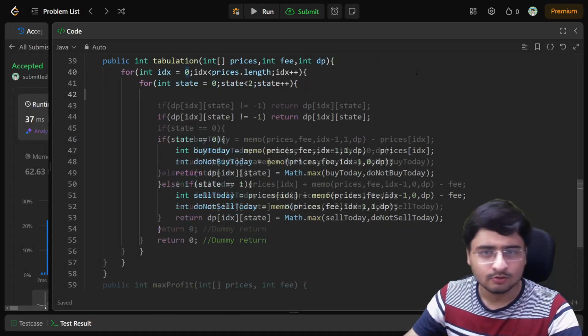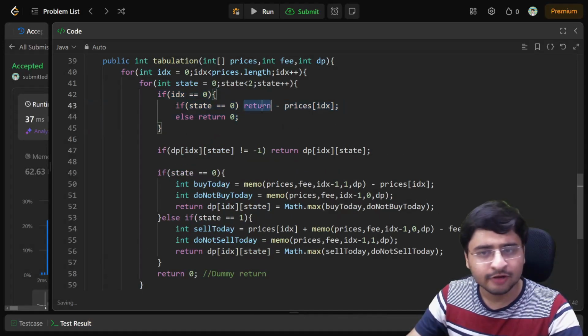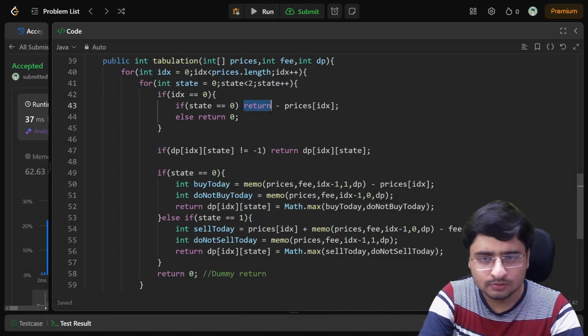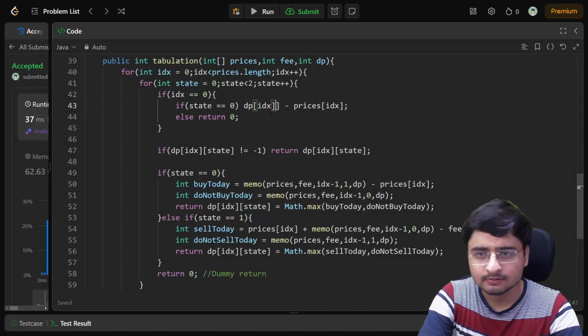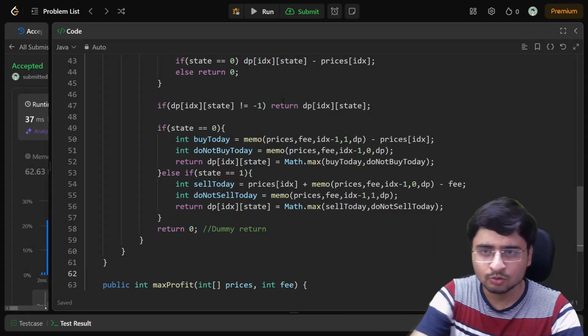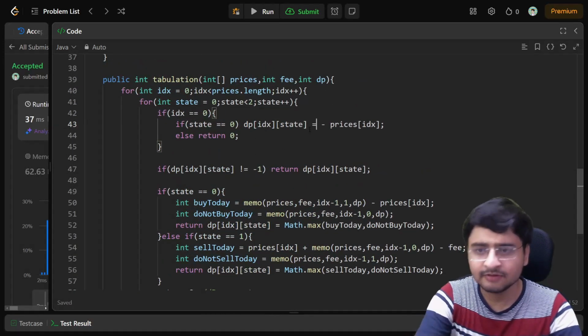So the normal strategy is wherever return statements are written, you just have to set the value dp[idx][state] equal to this value.